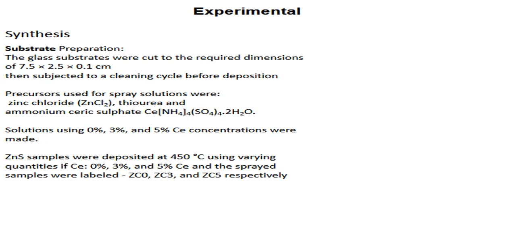The 0, whereby you don't have any cerium in it, and the 3% and the 5%. And consequently, the samples were labeled ZC0, ZC3, and ZC5 for the 0, 3, and 5% cerium concentrations.